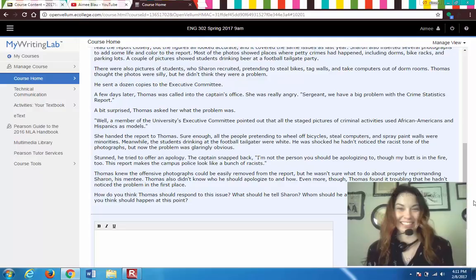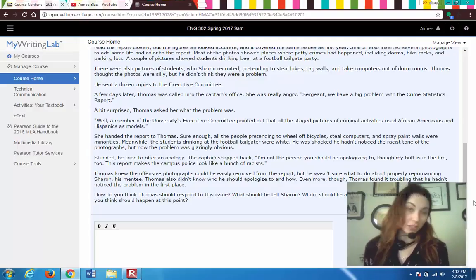So they noticed that all of the people who were pictured as criminals in the report were people of color. And obviously that's not what life is really like, and that is not what this department wants to put out as their crime statistics report. So what are they going to do to fix this problem? How should the person who put this report together deal with the issue?